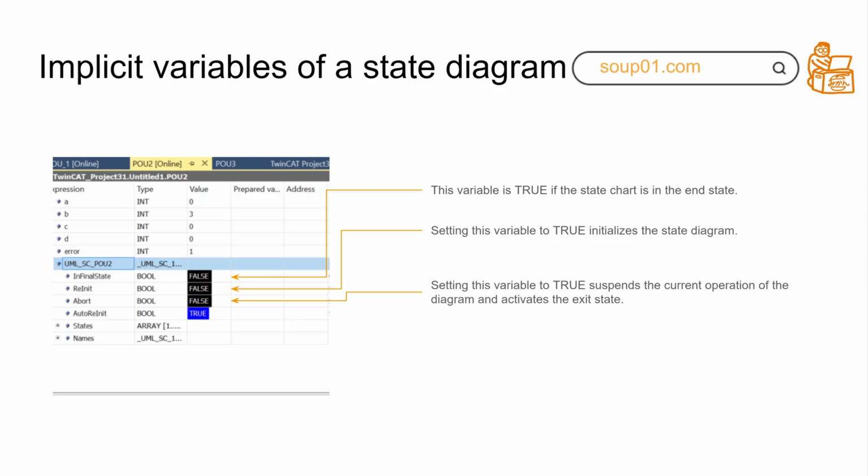For the abort option, if you set this variable to true, then you suspend the current operations of the diagram and activate the exit state. And AutoReinitialize is an option where, if you set it to true, the diagram's start state will be automatically restored as soon as the end state is reached.